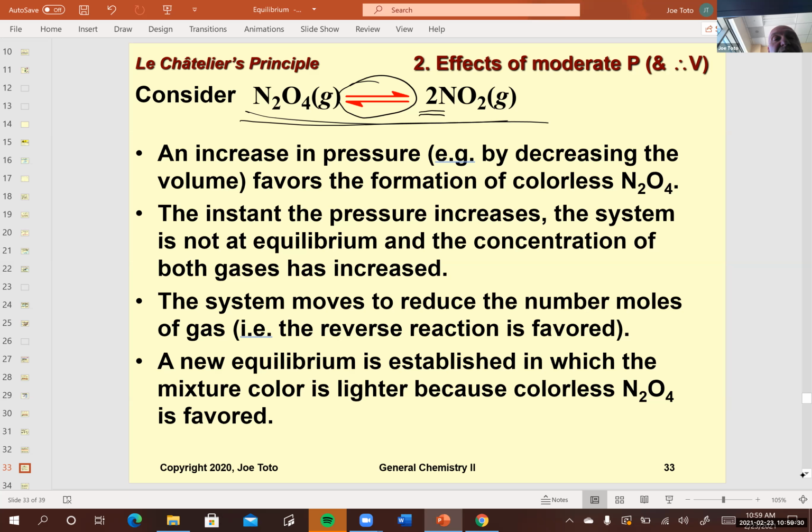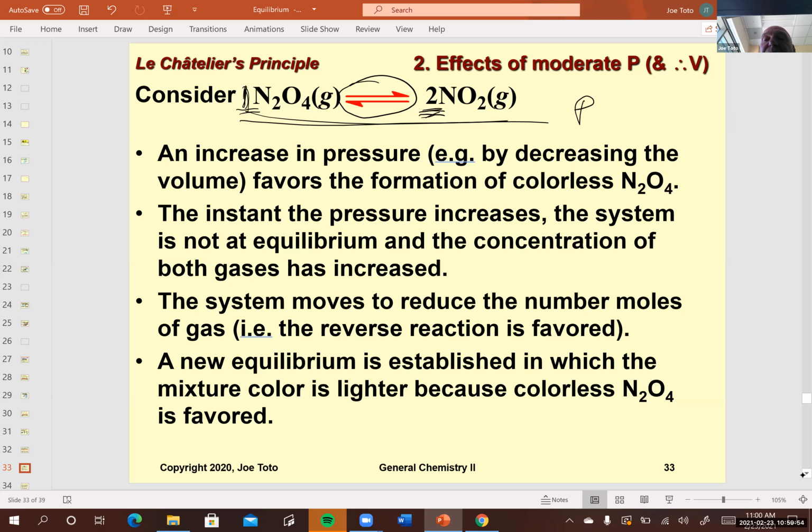Which way is it going to shift? It's going to shift to the left. And by doing that, it takes 2 moles of gas and makes 1 mole of gas. That's going to reduce the pressure, right?